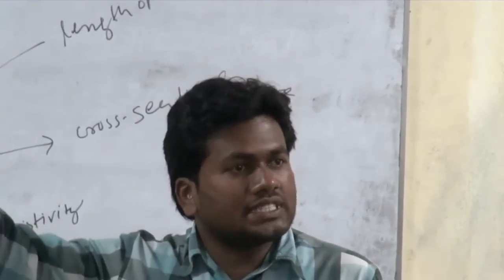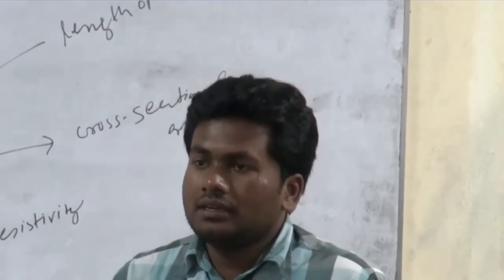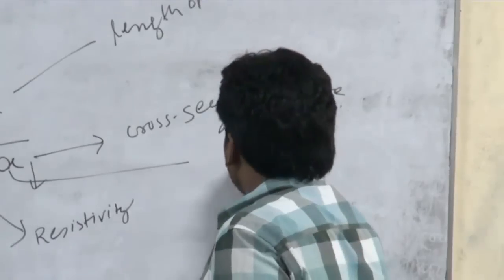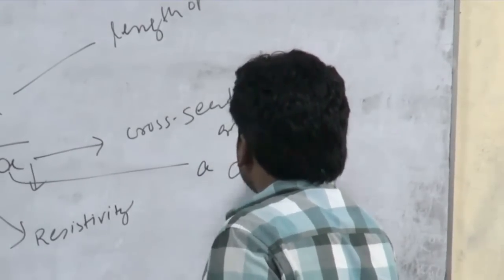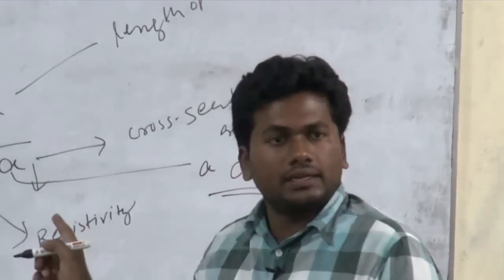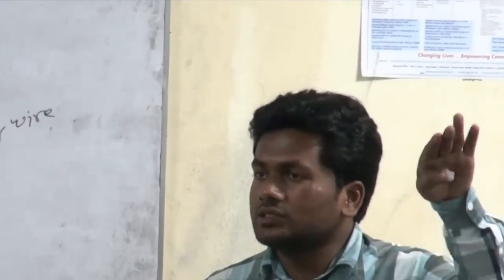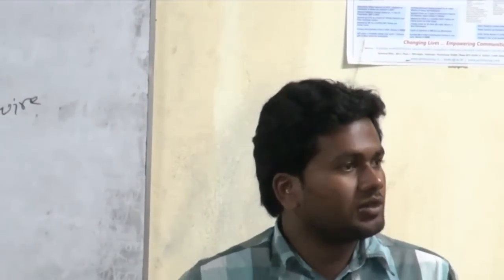If more resistance is there, then current will be less. So area is directly proportional to current. Is that clear? When we are increasing the area, the resistance has to decrease. So resistance decreases means current increases. So area and current are directly proportional.